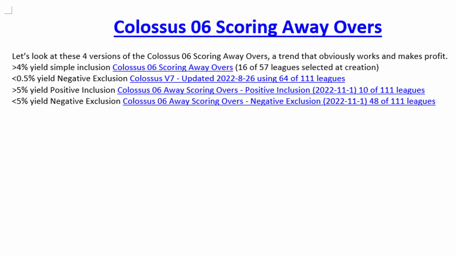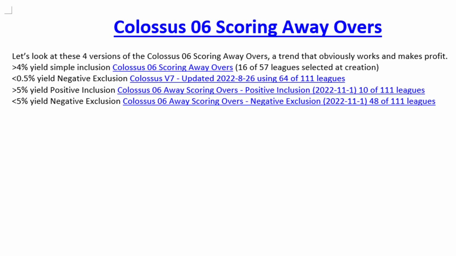That's worked. And then last year in August, I updated that using a negative exclusion method. But in that negative exclusion method, I just excluded leagues that had yields of less than 0.5%. That's not less than 5%, less than 0.5%.